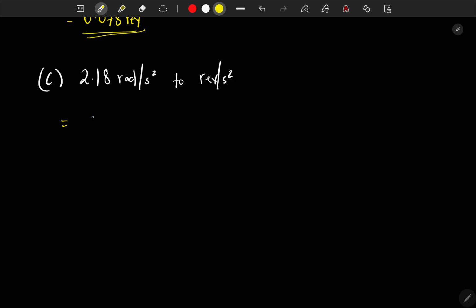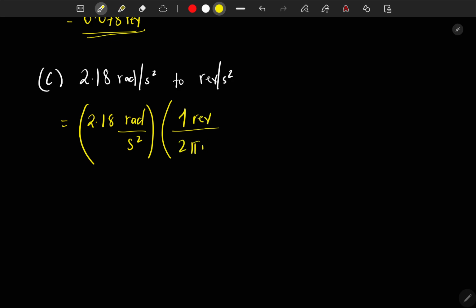You get there. So we're going to write 2.18 rad over second squared. That means for us to have a revolution here, what should we have here? We are going to have a rad down here so that it can cancel with the rad on top. So we're going to have 1 revolution on top there. We must have a rad here. 1 revolution in rads is actually 2 pi.